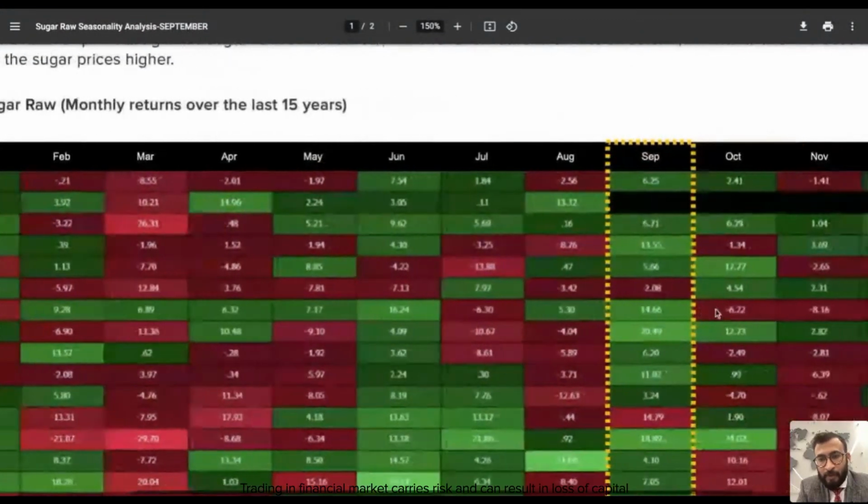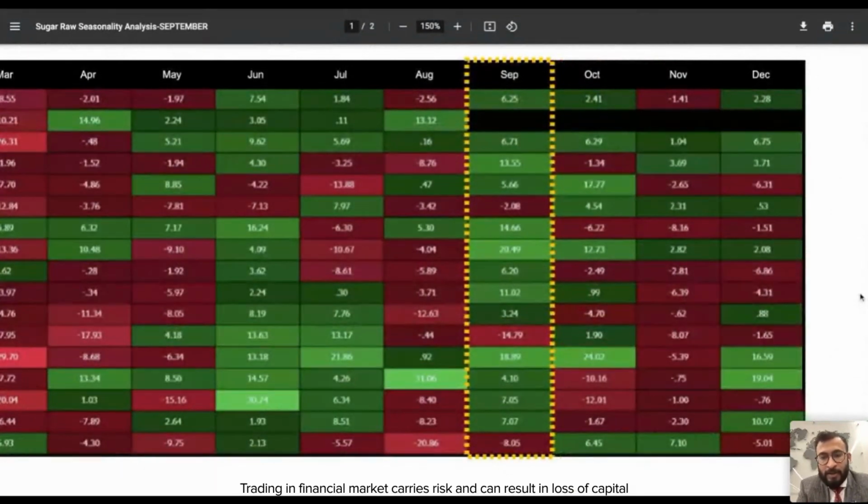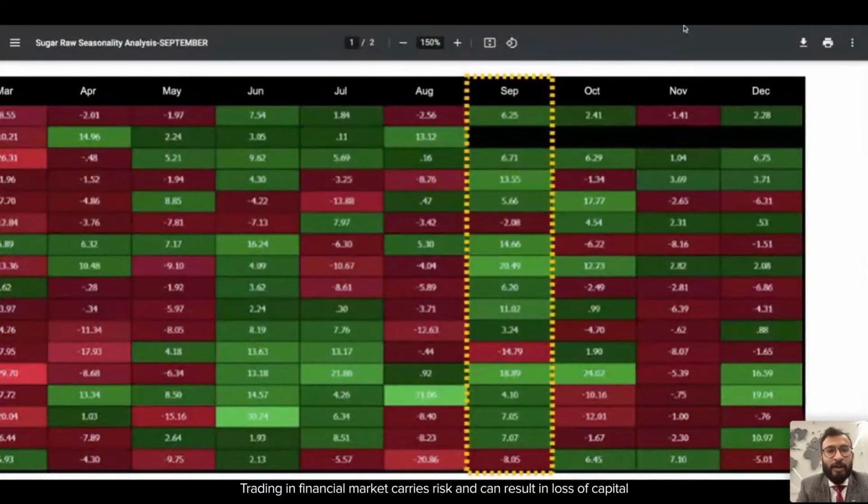Okay. Now tell me, when you're looking at the September month, tell me the maximum loss sugar prices have seen in September. Please use the chat options. If you can't see the number, just tell me you can't see the number, because I've tried to zoom in more and more to fit this into the window. Tell me the maximum negative sugar raw has seen in the last 15 years in the month of September.